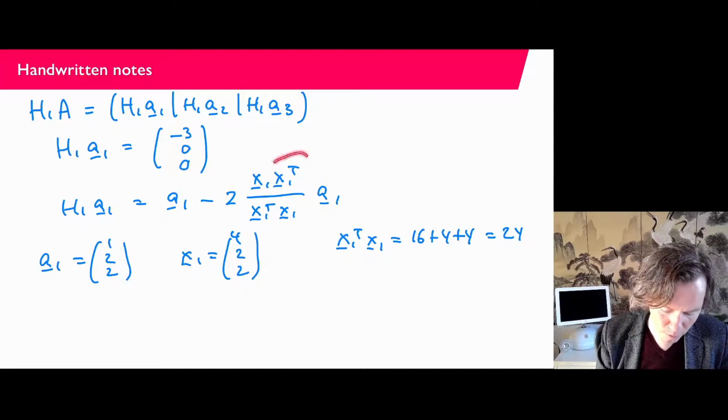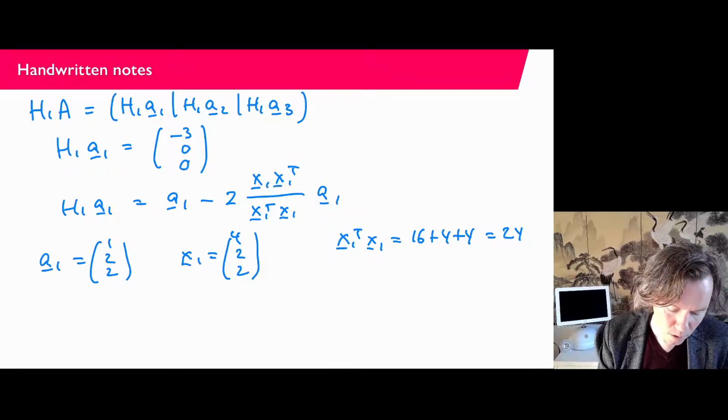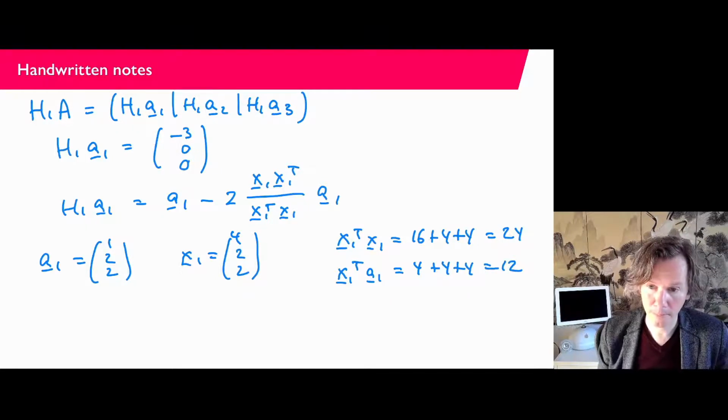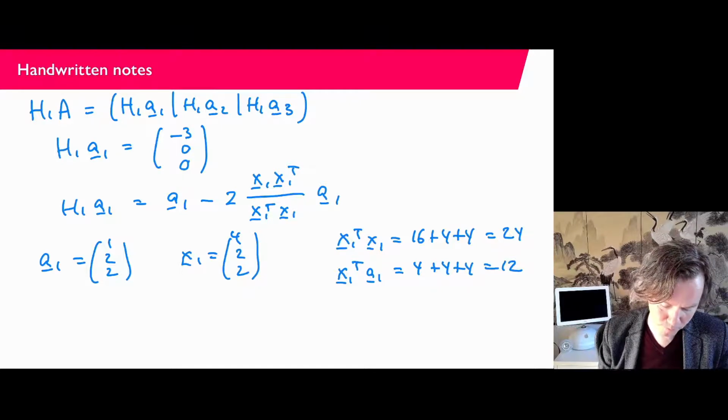And here we get the inner product of x1 with a1. So x1 transpose a1 is 4 plus 4 plus 4, which is 12. Yep, that's correct.